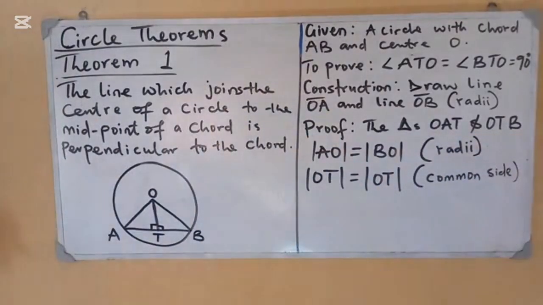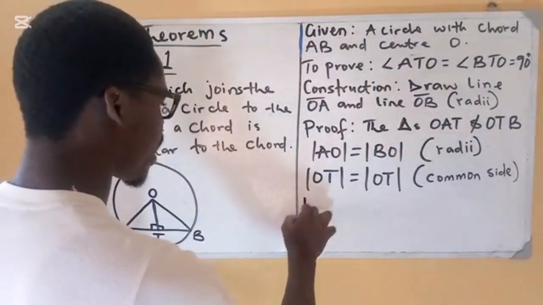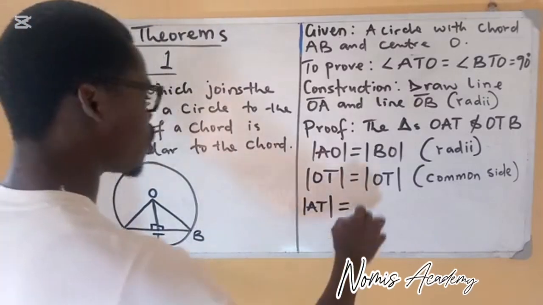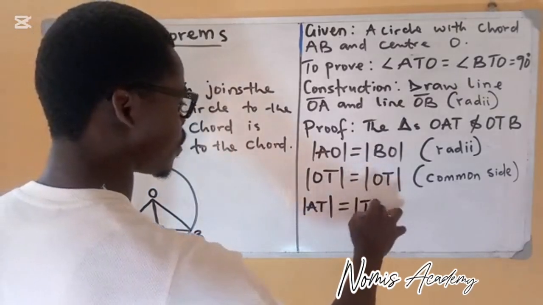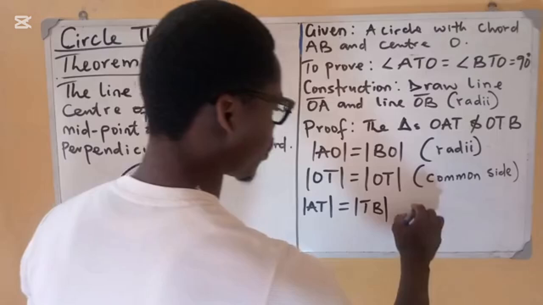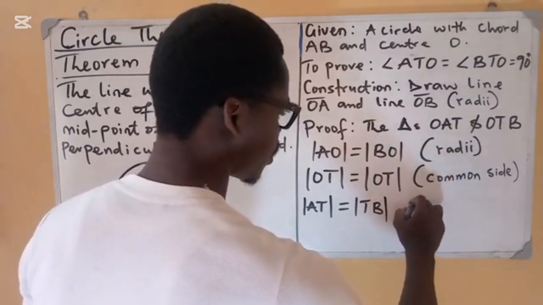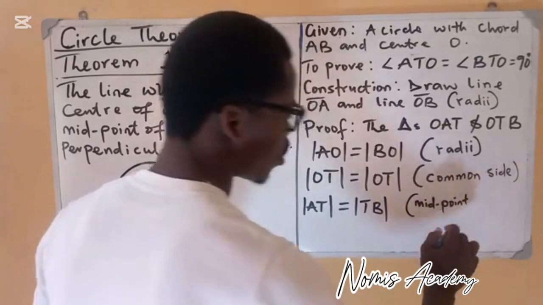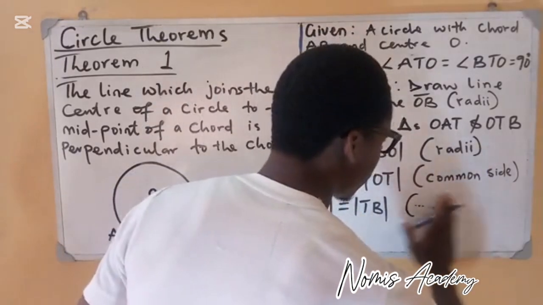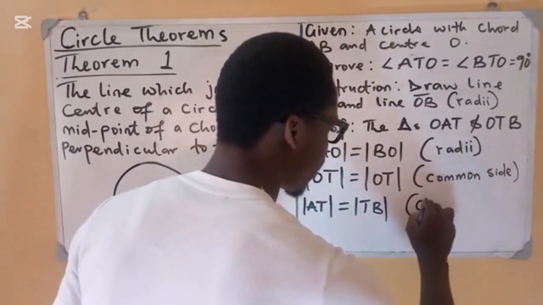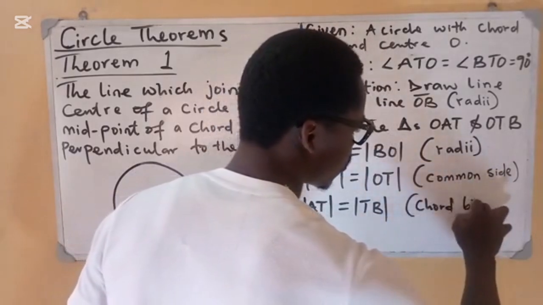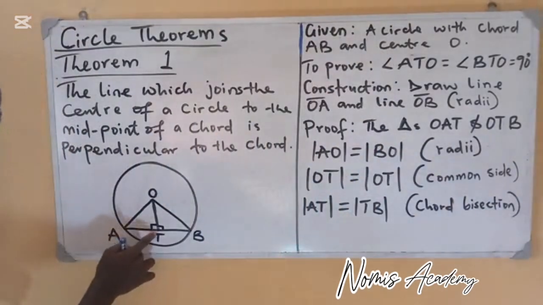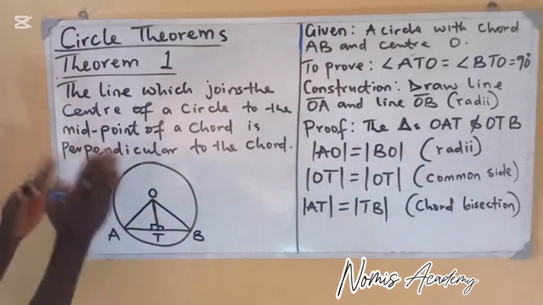So these two sides are common. And then we also have line AT, which is also equal to line TB. Okay, which is the midpoint of the chord. Or we say the bisection of the chord. Okay, so you can see that AT is equal to TB as stated.